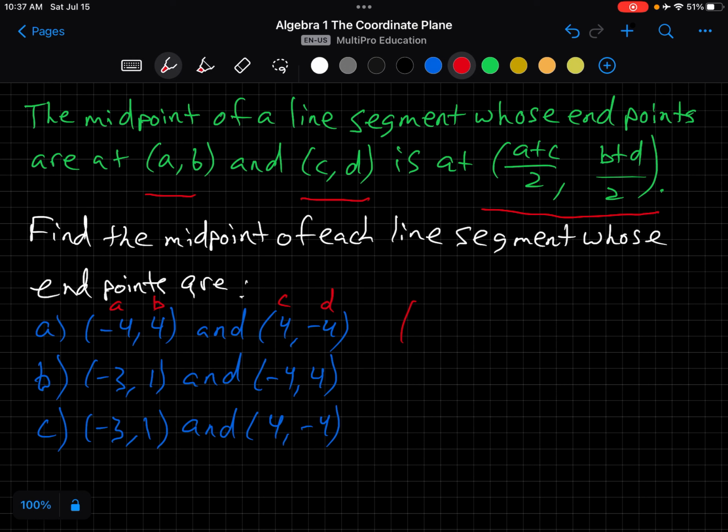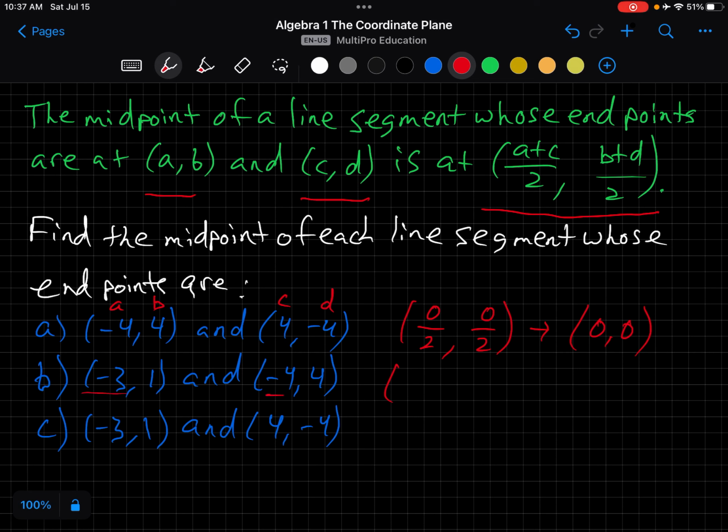Alright, let's solve this. A plus C, minus 4 plus 4, that's 0, over 2. B plus D, 4 plus minus 4, that's 0, over 2. Well, that gives us 0, 0. Oh, it's the origin. Great job. Alright, so now let's add these.